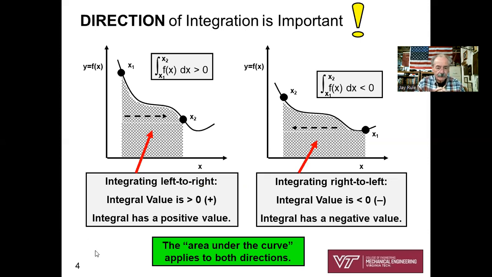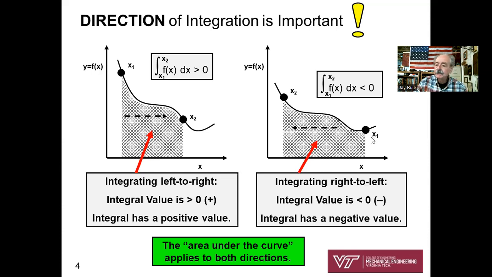Another thing that's important in understanding integration of functions is that for any function, I've drawn in two squiggly functions. When x1 is less than x2, you're integrating from left to right. That area under the curve is visualized to be positive, integrating from left to right. The integral value is going to be some number bigger than 0, and you can see roughly what that number will be by looking at that area.